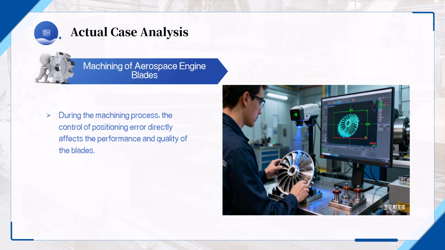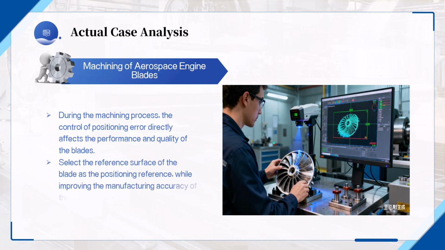To reduce positioning error, engineers use high-precision positioning fixtures and advanced measurement technologies. They select the datum surface of the blade as the positioning datum and enhance the manufacturing precision of the positioning pair to ensure the accurate positioning of the blade during machining.